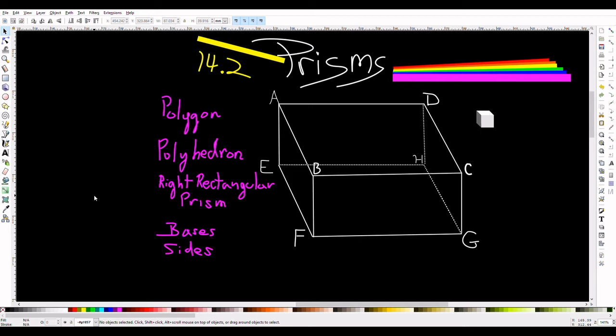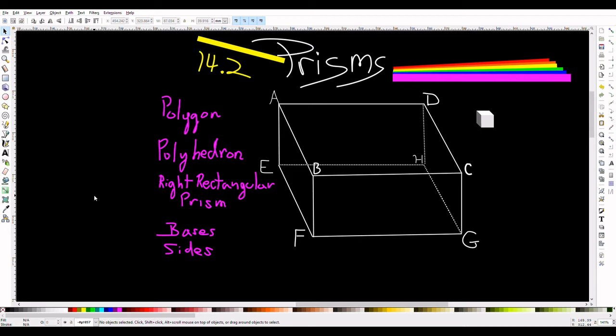And this brings us to bases and sides. The bases of a shape are the top and bottom, and the sides are the not top and bottom. Now, bases and sides are important ways of referring to different parts of the shape, but as you can tell, I think intuitively, these things are a matter of perspective.